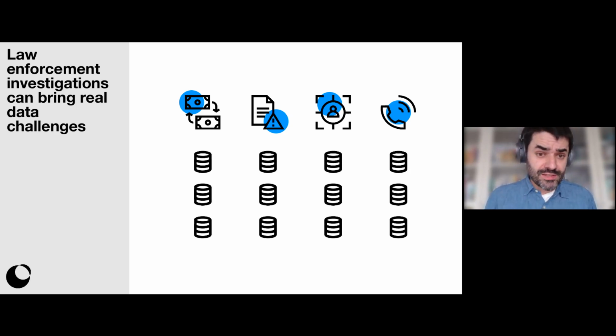Because traditional data sources, financial records, are still very much relevant, but to these data sources, now the law enforcement investigators need to also add other data sources, such as data from social media, data from IT and cyber, and more. And there's a big challenge beyond just the sheer scale of the data in bringing together these different data sources to conduct effective investigations.